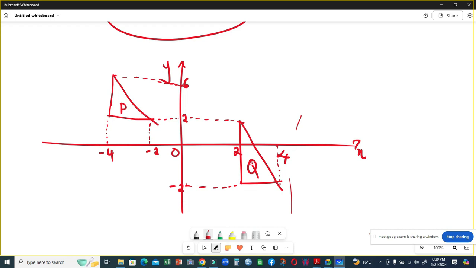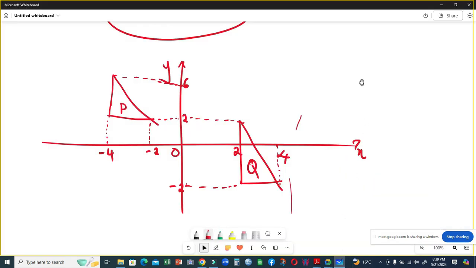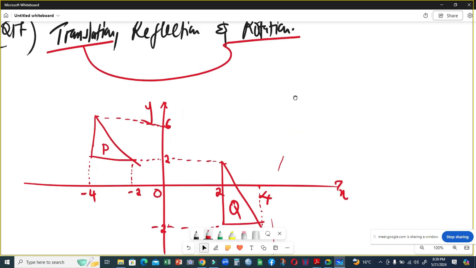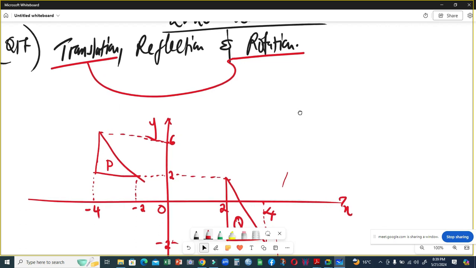So for the purpose of revising, I'll try and dig to give you some stakes in the bone. Remember I've said with paper 1, the types of transformation that are examinable are 3: translation, refraction, and rotation.